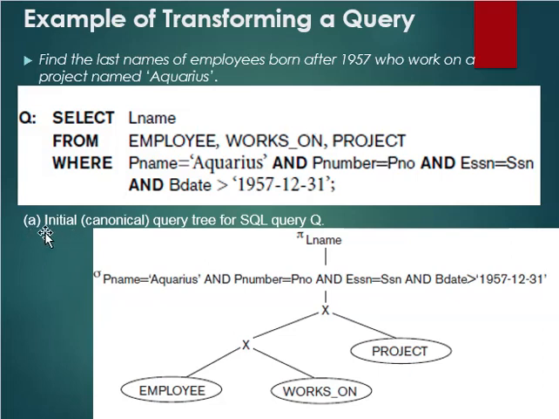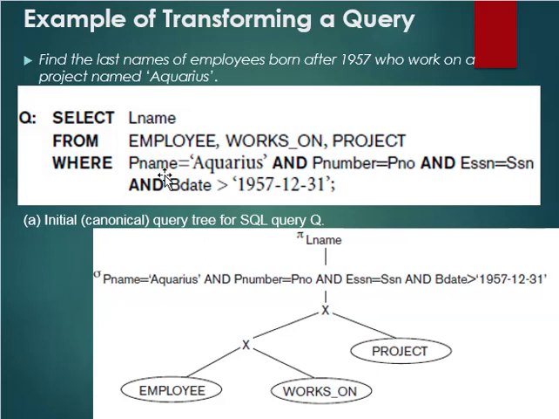So first you have to draw the initial canonical query tree of this SQL query. For that, the step is to first draw the leaf nodes. The leaf nodes are employee, works on, as well as the project. Then we have to cross them. We need to cross employee and works on, then on that result we cross the project table.